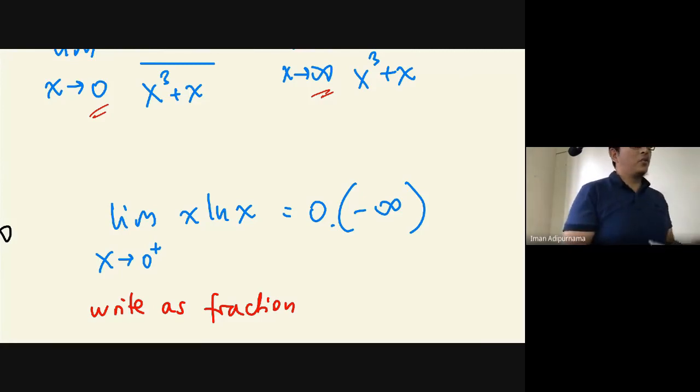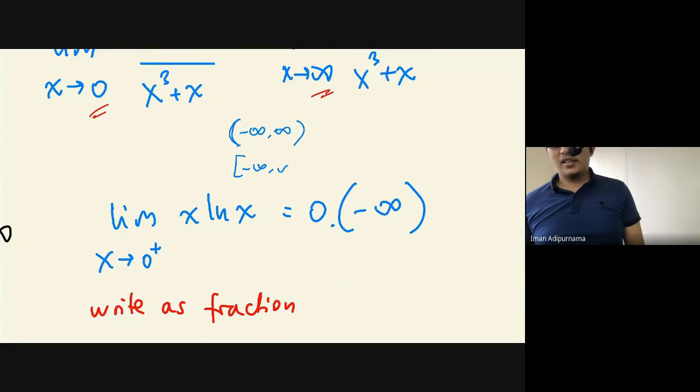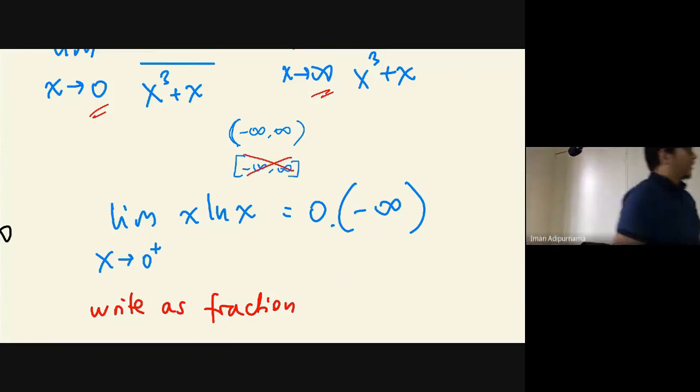So when you have the domain and range in real numbers, you write infinity with an open bracket, not a closed one. That is wrong. A closed bracket means you are treating infinity as real, but it's not real, right?